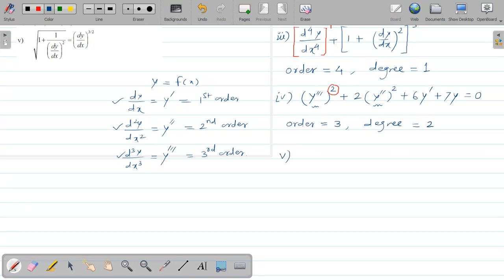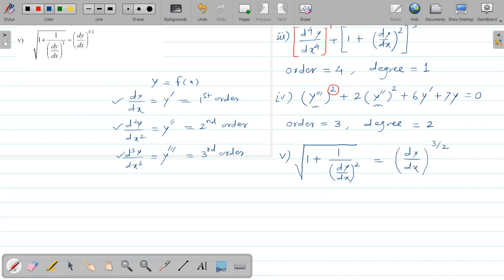Okay, now last one, fifth one. See here, differential equation is given under root 1 plus 1 upon dy by dx bracket square is equal to dy by dx raised to 3 by 2.